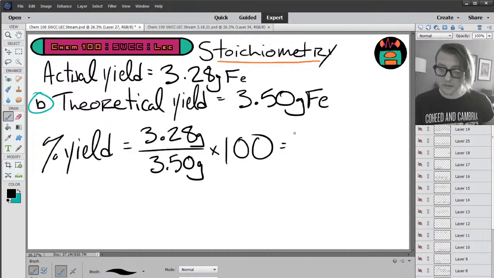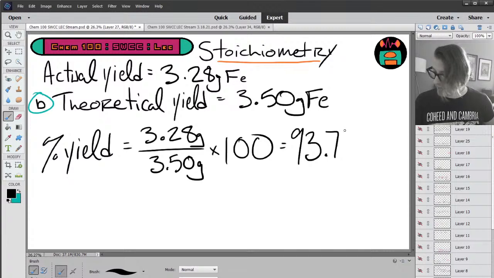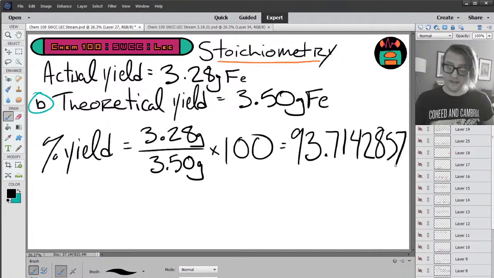My calculator is telling me that I have 93.7142857. I have 3 sig figs in my numerator, 3 sig figs in my denominator, so I can keep 1, 2, 3 sig figs.